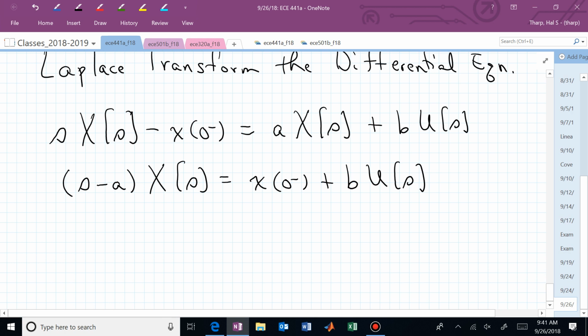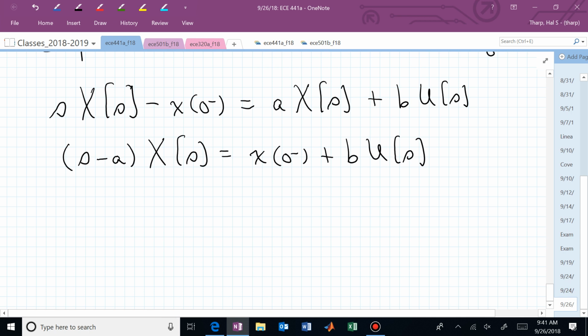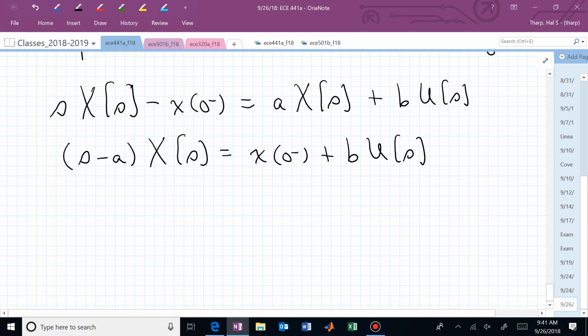Just doing algebra in the frequency domain. And at some point I want to connect frequency domain to time domain, so I'm going to want little x of t. But little x of t is buried inside capital X if I simply do an inverse Laplace transform. Let me now solve for capital X of s.